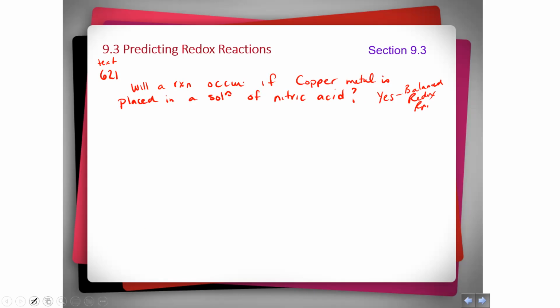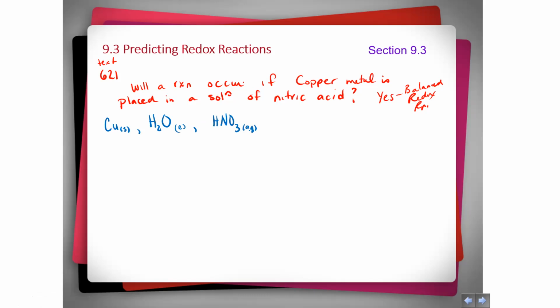Okay, I'm going to change to blue. All right, so the first thing you're going to do is identify everything in solution. So we have copper, which is solid. It's in solution, so there will also be water, which is a liquid. There will also be nitric acid, which is HNO3. It's okay if you don't remember what nitric acid is.